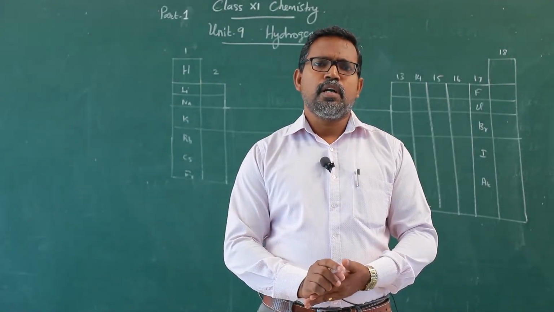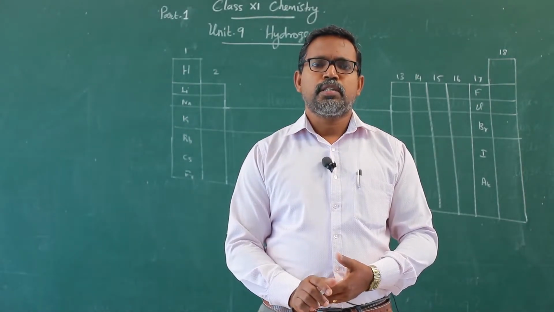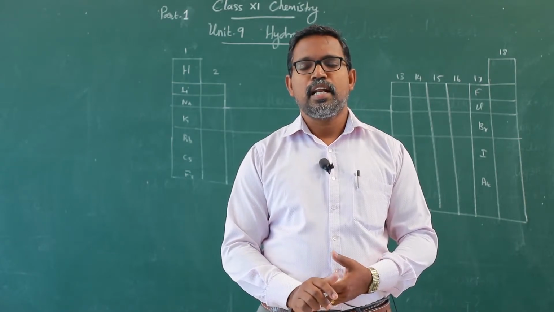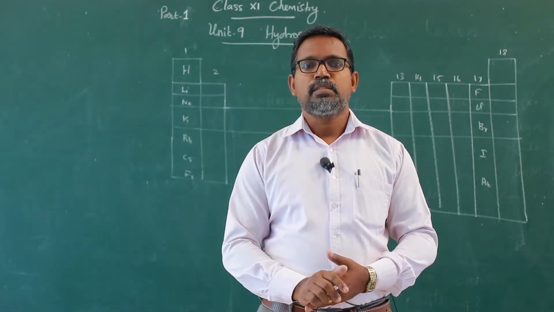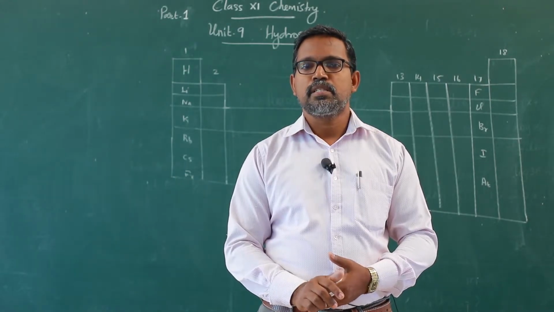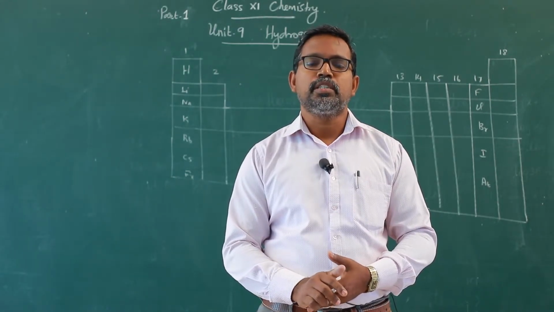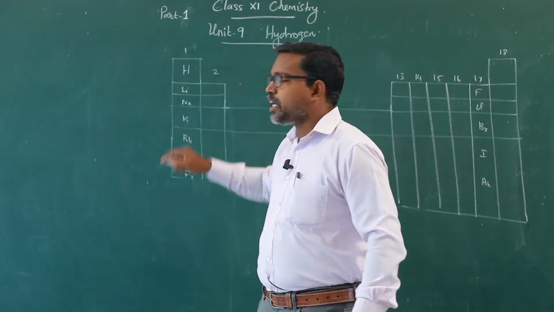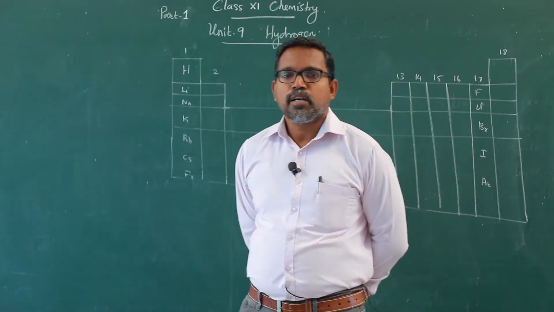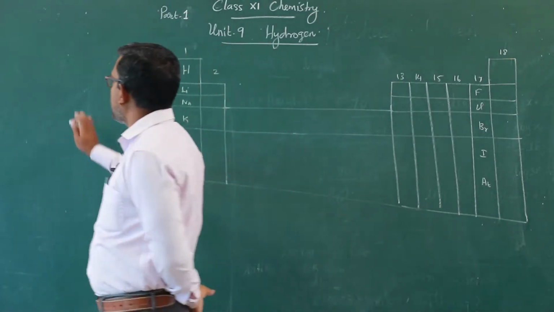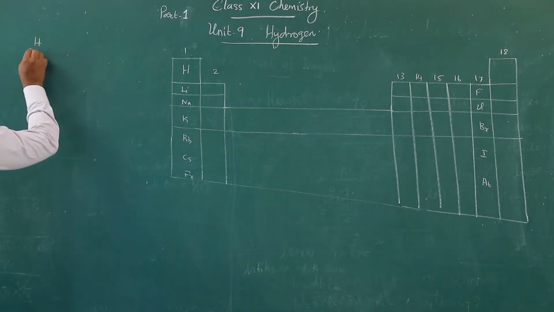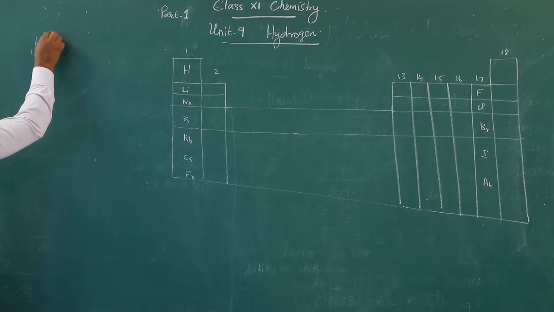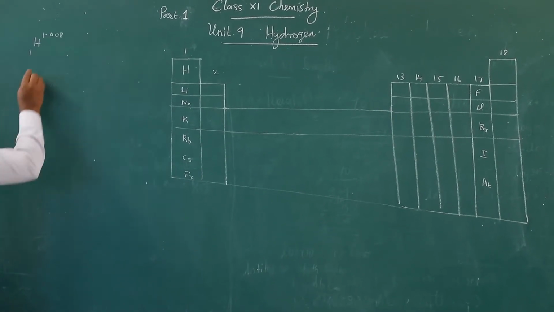First of all, a brief introduction about hydrogen. We know that hydrogen is the lightest element, and it is present in the first position of the periodic table. The first element in the periodic table is called hydrogen. Its atomic number is 1, mass number 1.008.